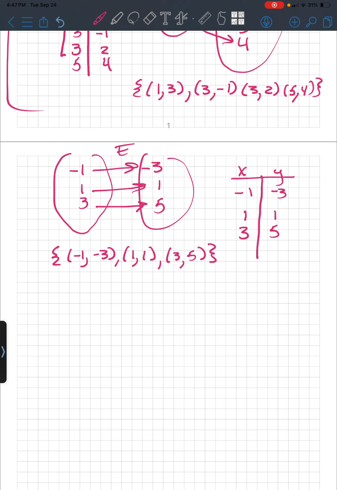Then they ask you what the domain is. Remember, your domain are all your x values, and your range are all your y values.